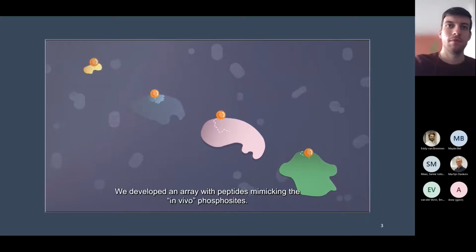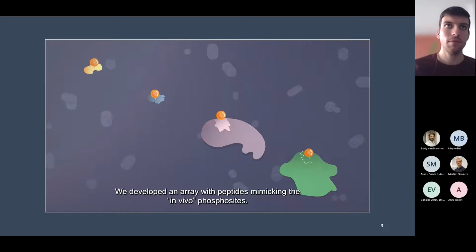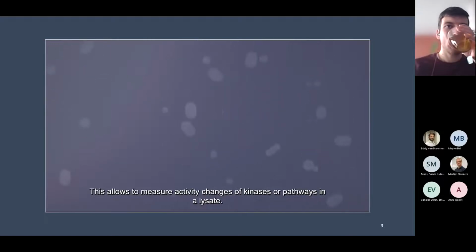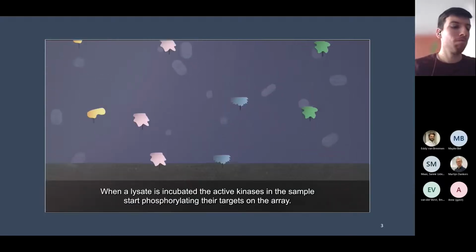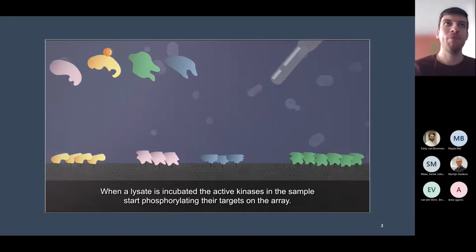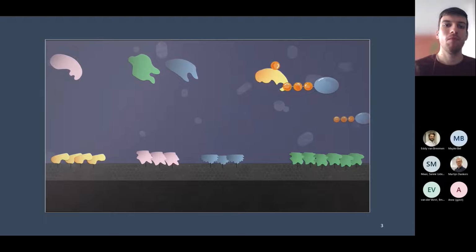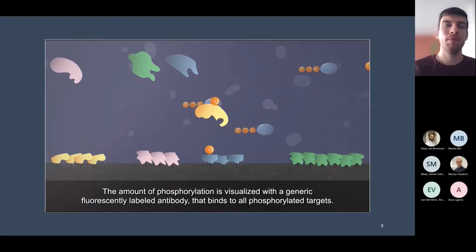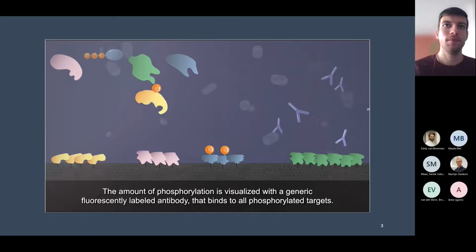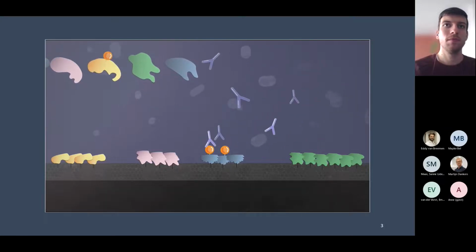We developed an array with peptides mimicking the in vivo phosphosites. This allows to measure activity changes of kinases or pathways in the lysate. When a lysate is incubated, the active kinases in the sample start phosphorylating their targets on the array. The amount of phosphorylation is visualized with a generic fluorescently labeled antibody that binds to all phosphorylated targets.